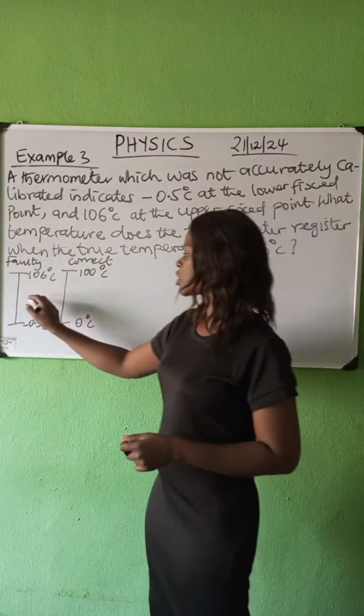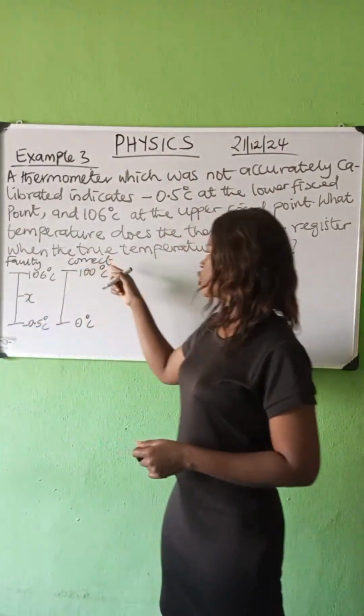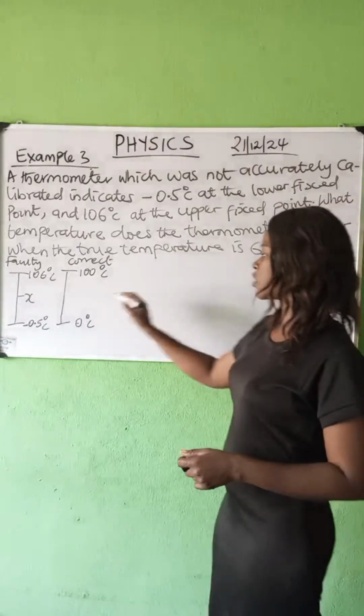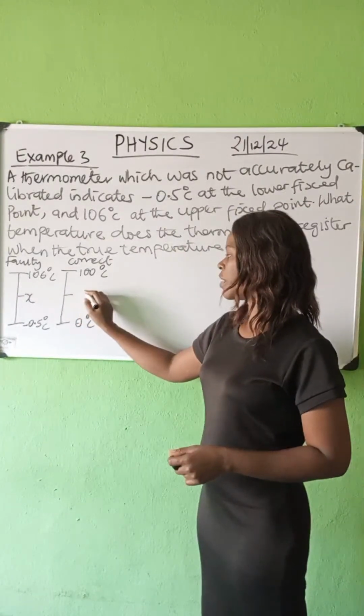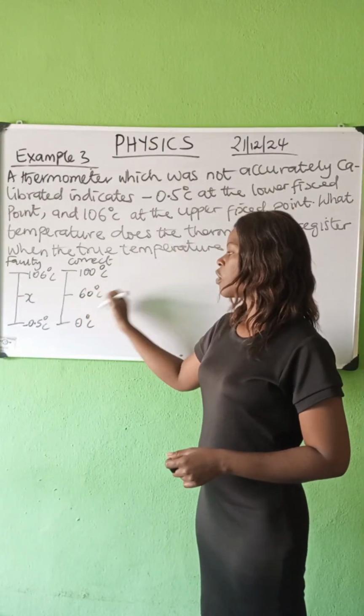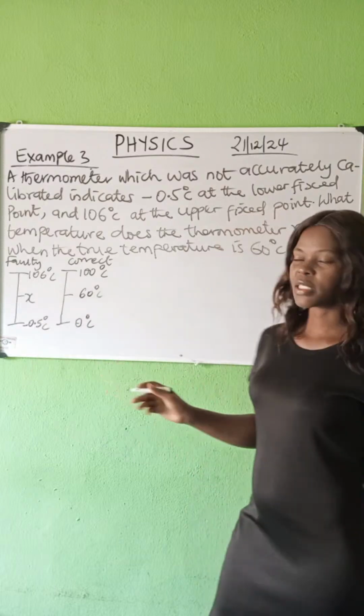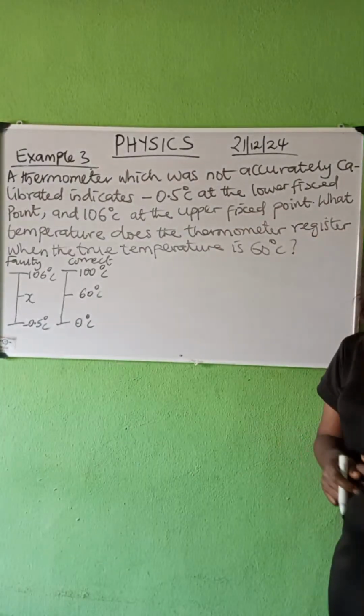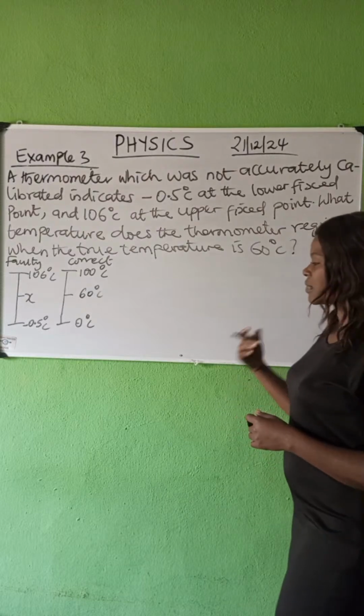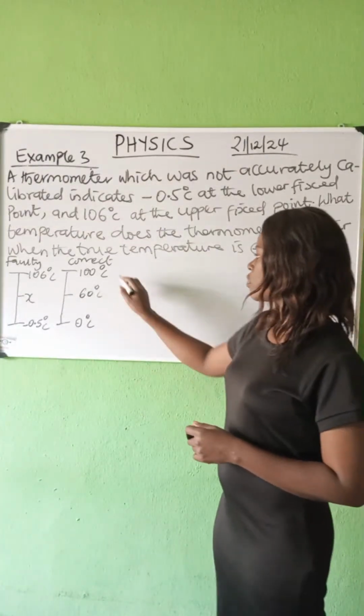Now, what does this faulty one register when the true temperature is 60 degrees Celsius? So when this one that is correct reads 60 degrees Celsius, what will this one register? It's as simple as that. And we are going to use our formula to solve. If you remember the formula, what's the formula?